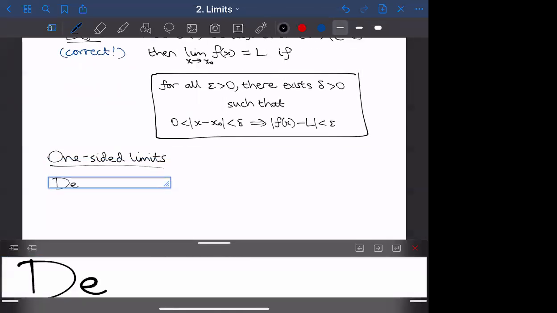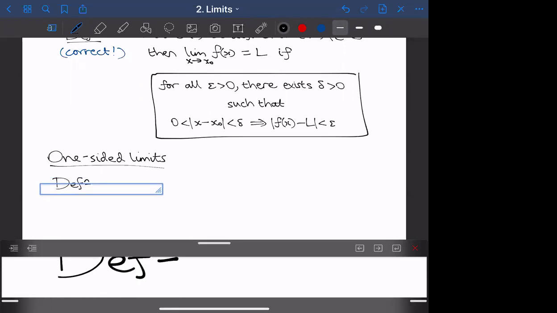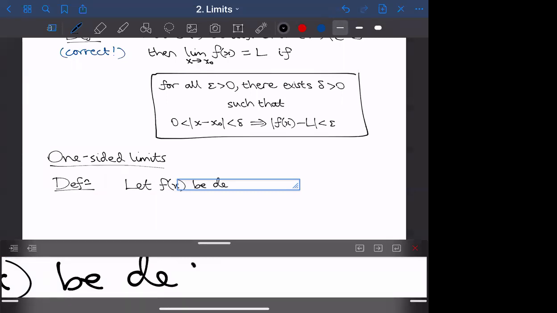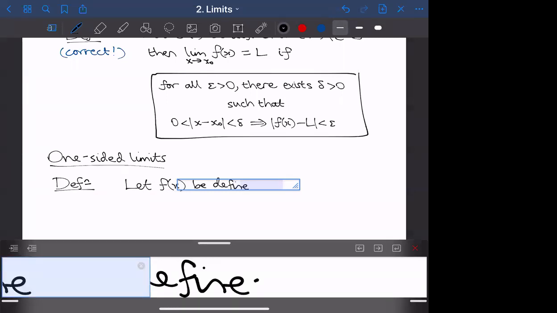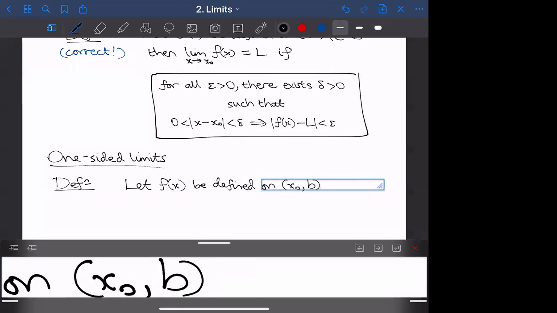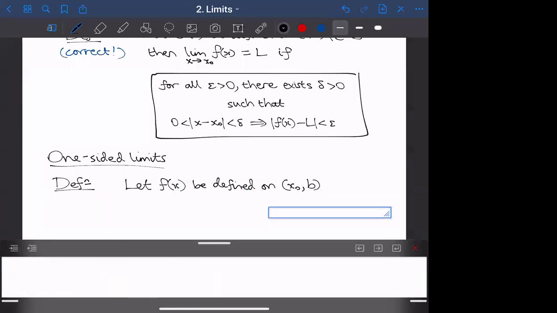Okay, so definition. Let f(x) now be defined on (x0, b).